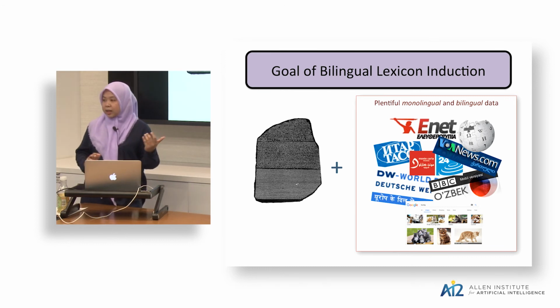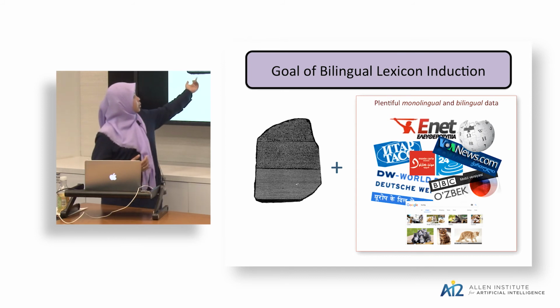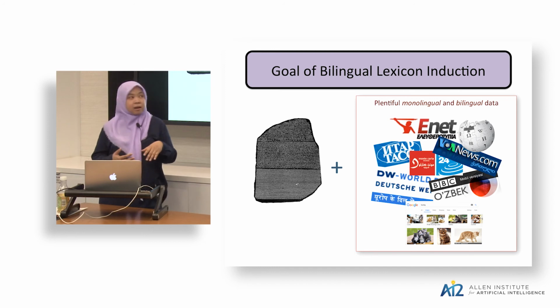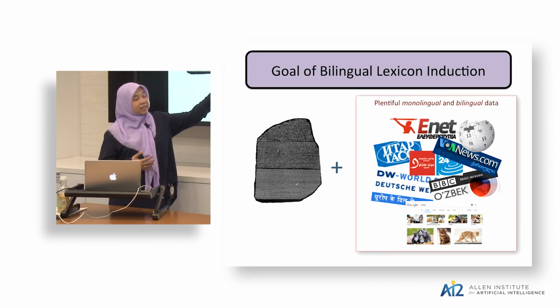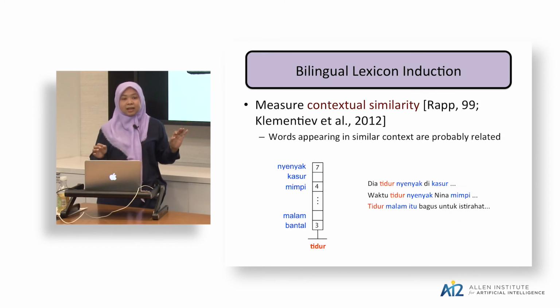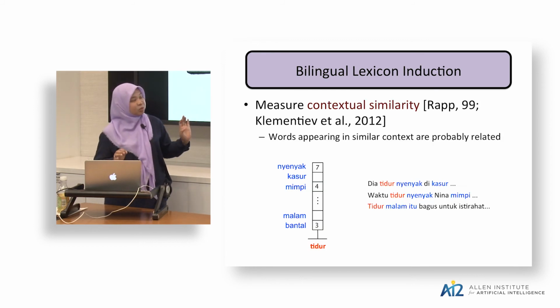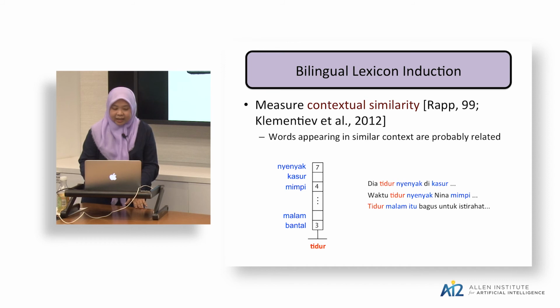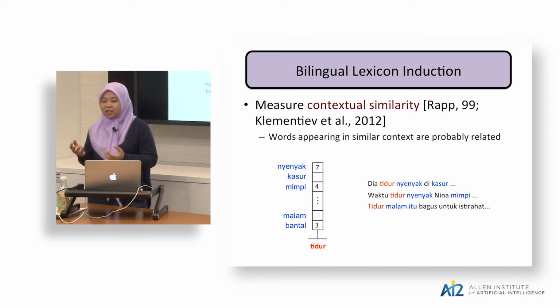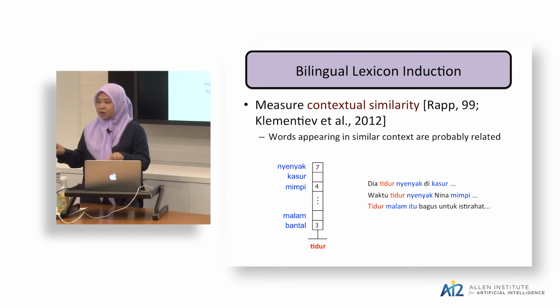So the goal is to reduce the reliance of machine translation systems on parallel text by using more easily available monolingual data or bilingual data such as Wikipedia. And the idea is we want to be able to measure translation equivalence computed on separate monolingual corpora.